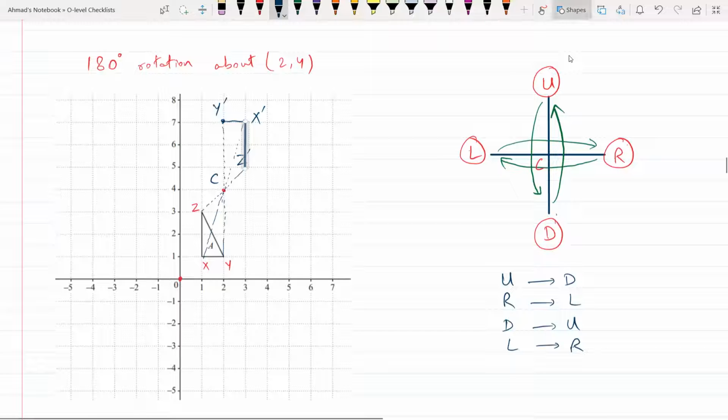Okay, so that is the final result that you get from there. X bar, Y bar, and Z bar like this. That's 180 degrees rotation about this center of rotation. That was 2 and 4.